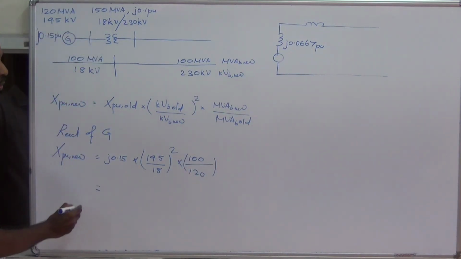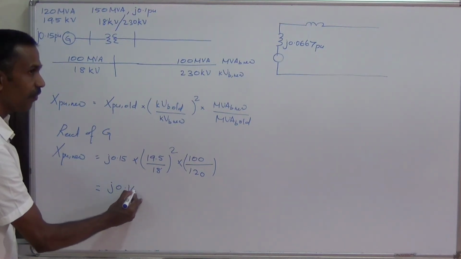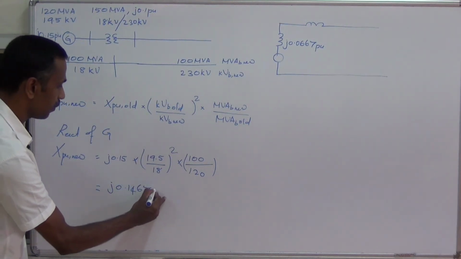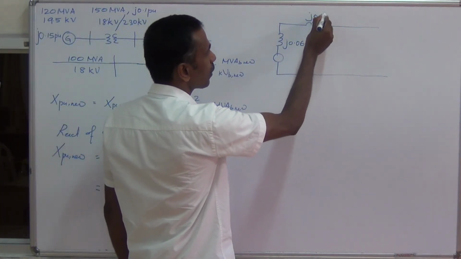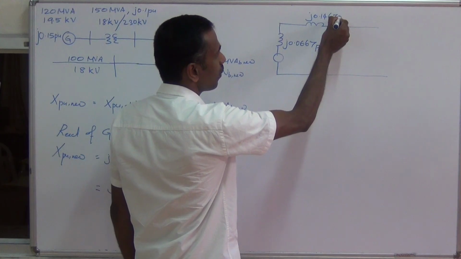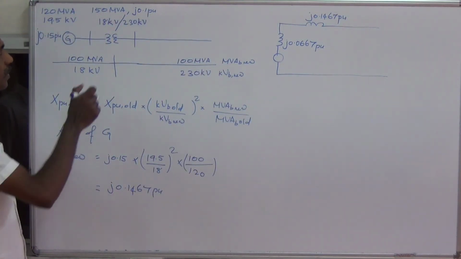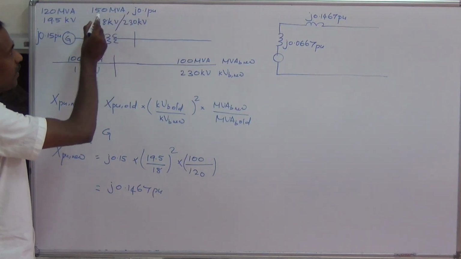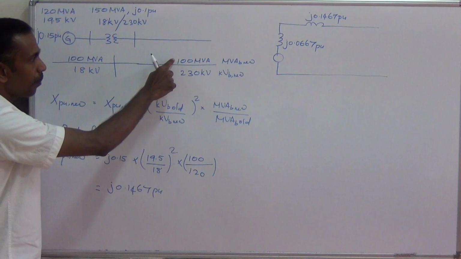And this is equal to j0.1467 per unit. So it is j0.1467 per unit. Now we have converted the per unit values with different bases into the per unit values with a common MVA base.